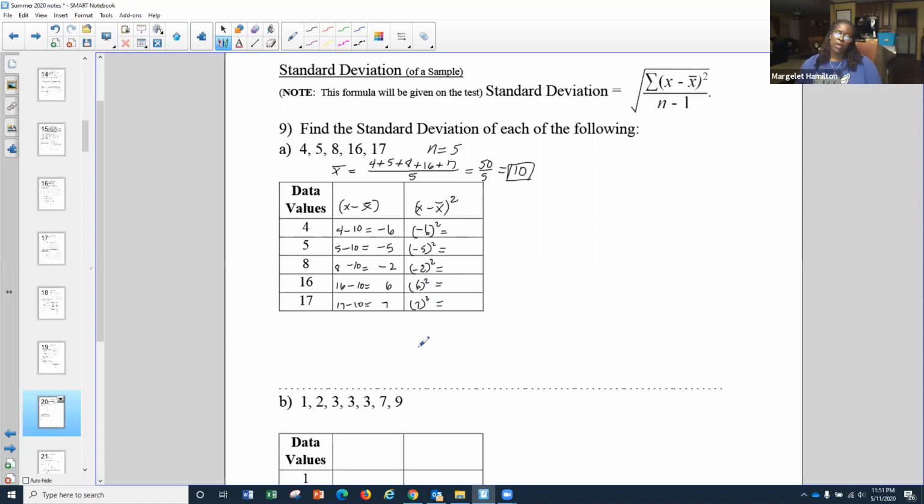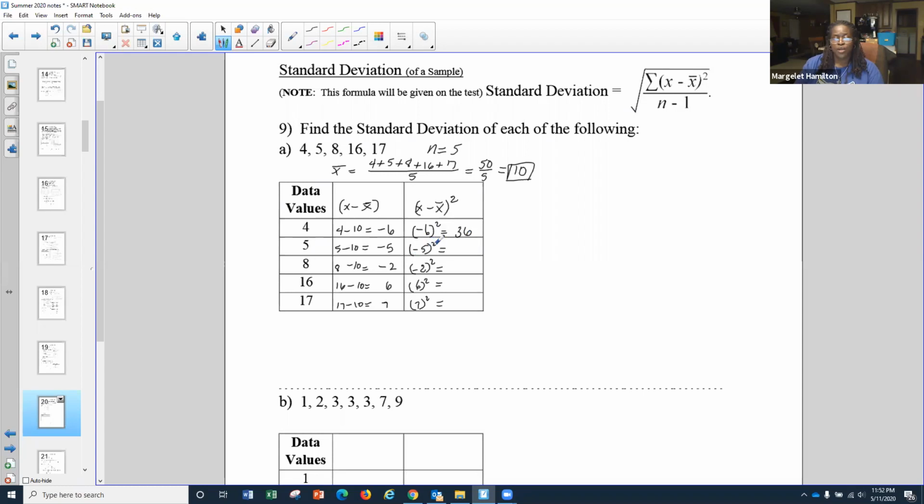Okay. So now we have to square these values. You can pause the video right here and go ahead and square them, and then we can come back and check your answers. All right. So when we square them, negative 6 squared should give us a positive 36.